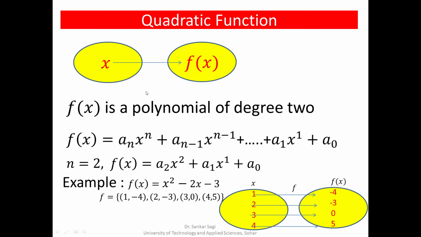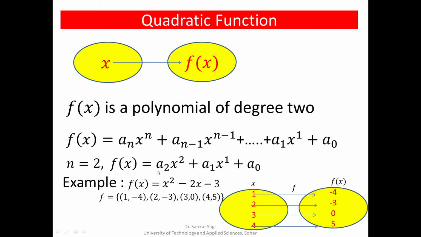Now we go to the quadratic function. The quadratic function is nothing but the function where f(x) is a polynomial of degree 2. So if we take n = 2 in this expression, you will get f(x) = a2 x^2 + a1 x^1 + a0, where a2, a1 and a0 are any constants, with the only exception that a2 should not be 0.